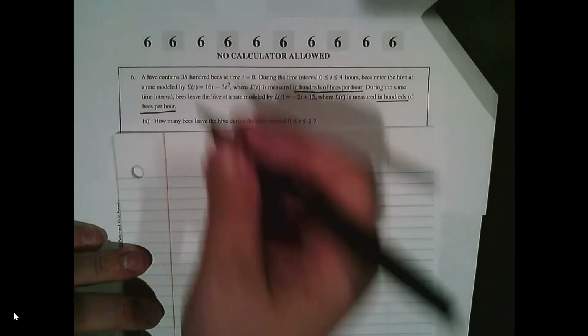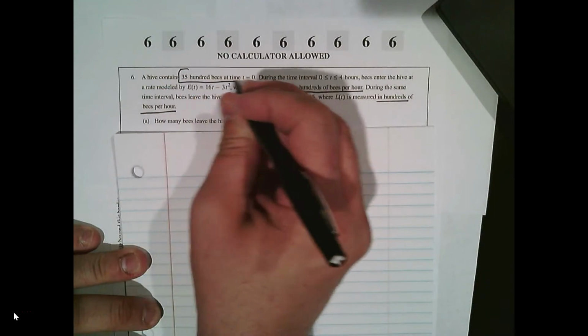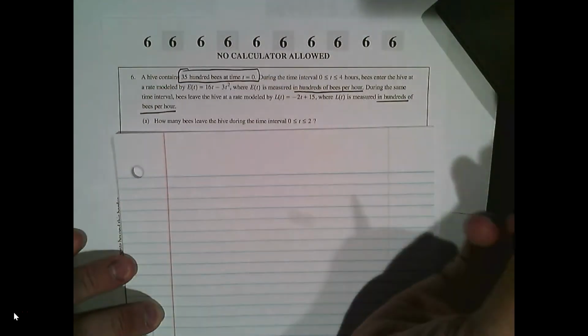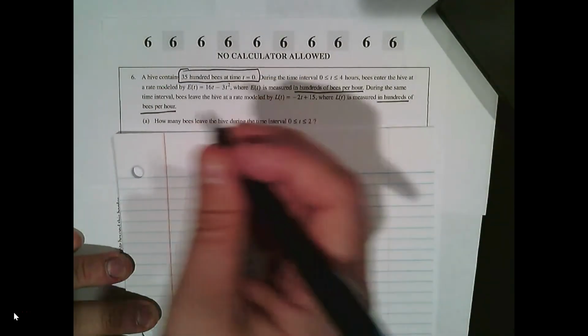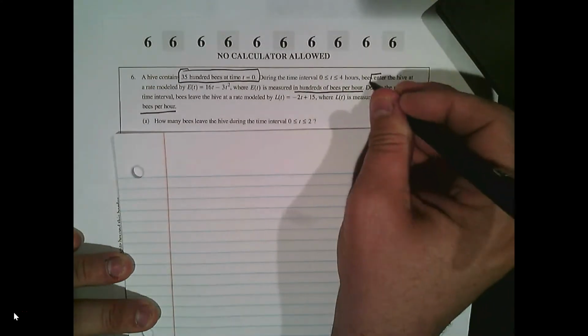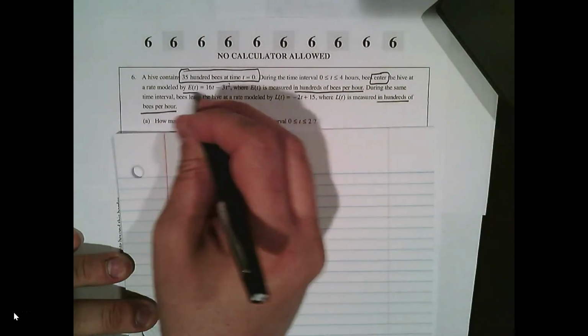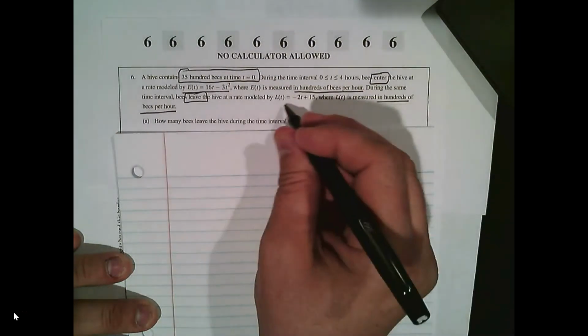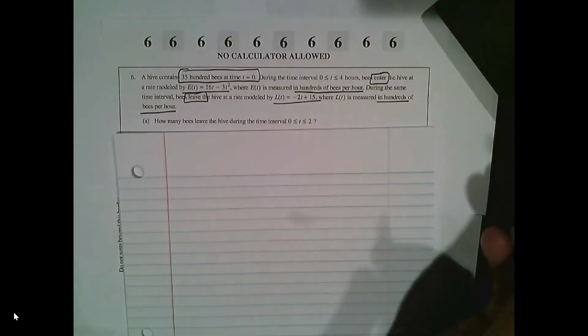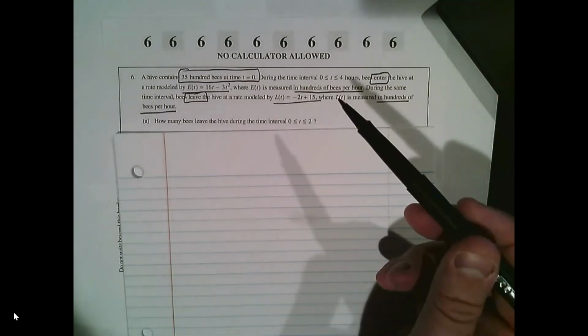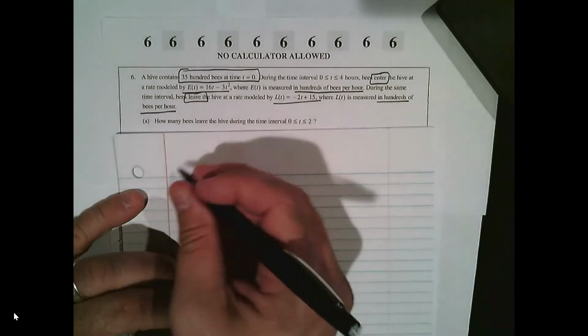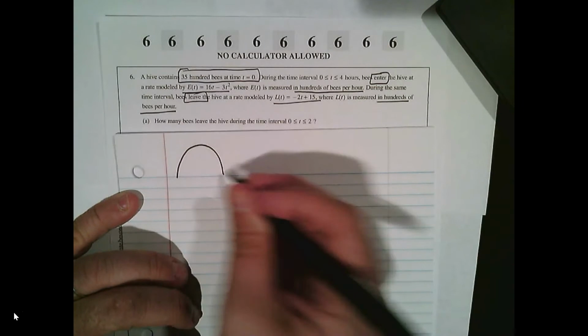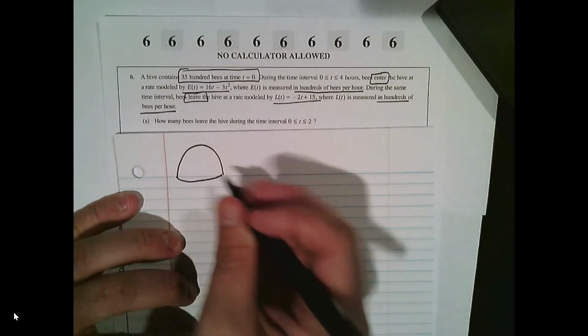So a couple of things here. We have 3,500 bees at time t equals 0. Bees enter the hive at this rate, but then bees are leaving the hive at this rate over here. This is one of those in and out questions, right? So you've got your hive. I'm not an artist, I'm a math teacher, but let's say here's my hive.